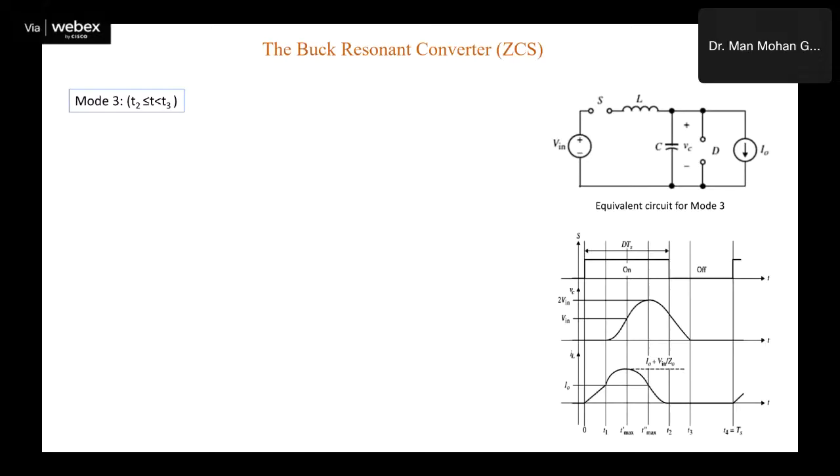So with this equation, this voltage will decrease. And this is an equation of a line. So from this point to this point, what will happen? This capacitor voltage will be decreasing linearly.